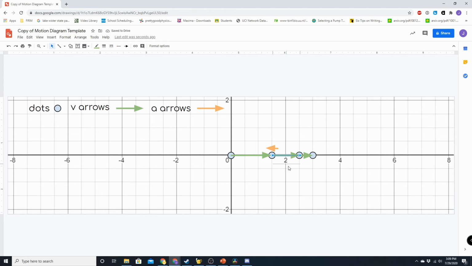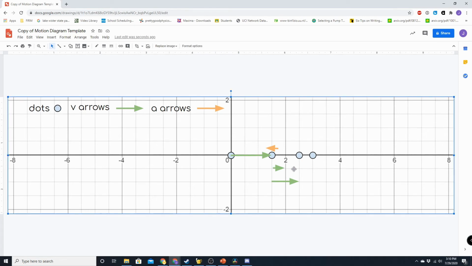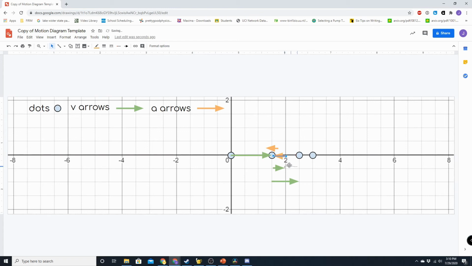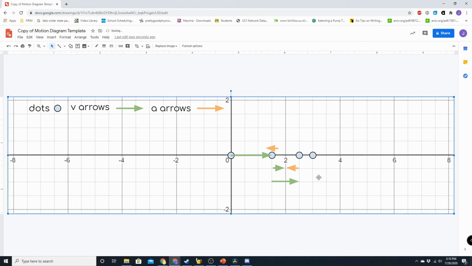Let's look at these two velocity vectors. So now we're going to think of this as the initial velocity vector when we're at this point, and this as the final velocity vector when at this point. So when we're looking at acceleration, we're looking before and after a given dot. What do we need to add to the initial to end up at this final? Well, it turns out to be that same sort of one grid space of acceleration.